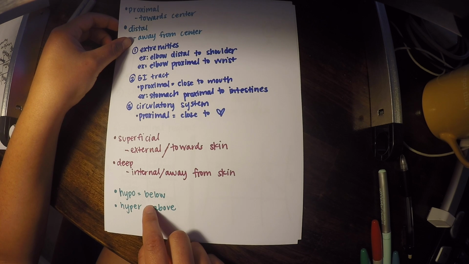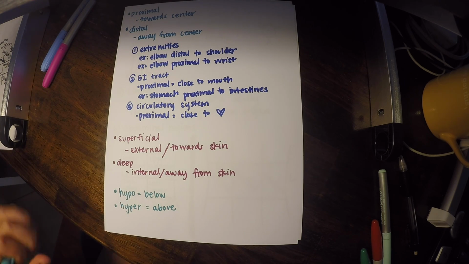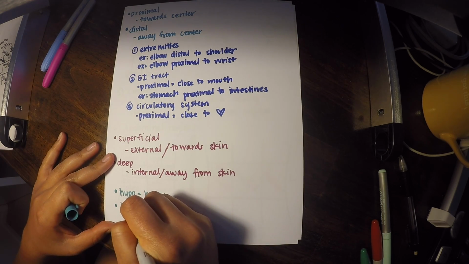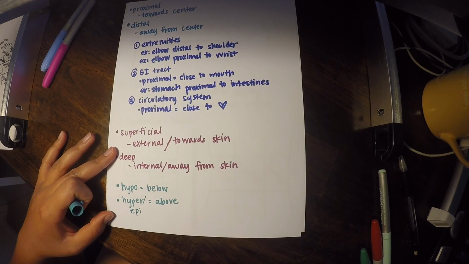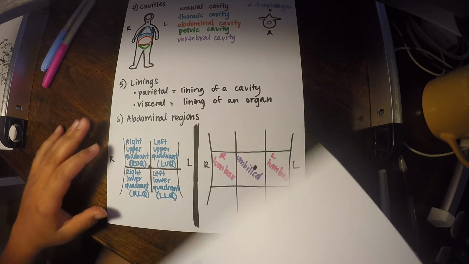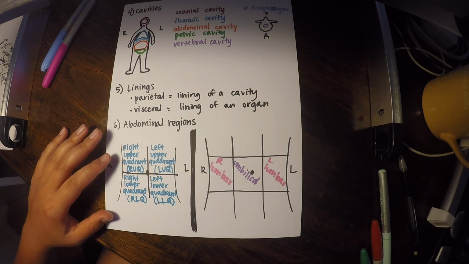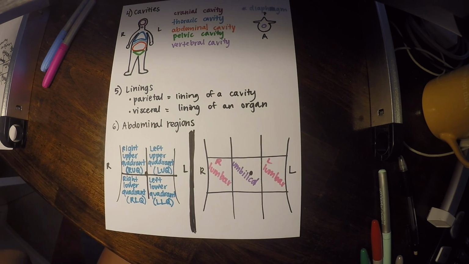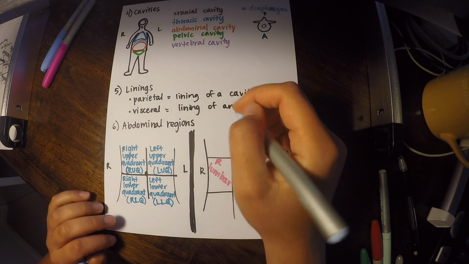The other thing that is often used as above is epi. So I'm going to add that in. Epi is sometimes above. The reason I'm telling you that is because that's going to help us out with this next term that we're going to use. This next one is called the epigastric region because it's above the gastric region.